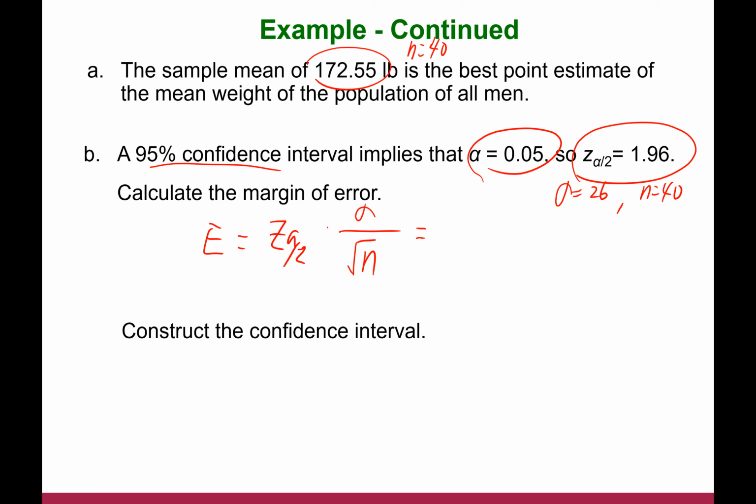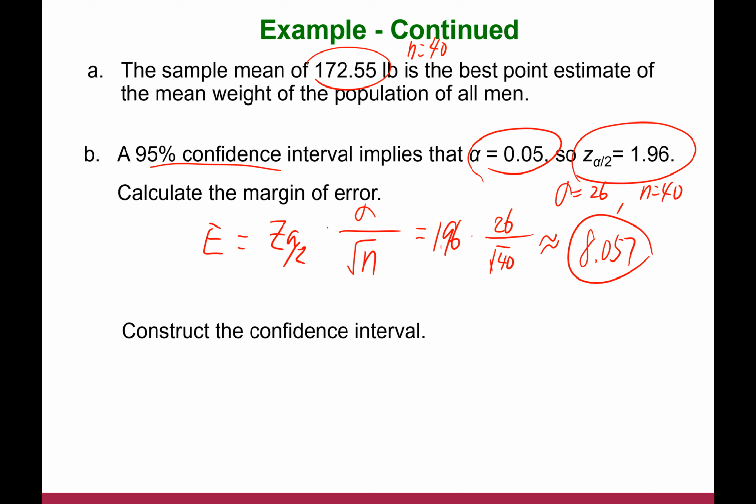Now let's throw in all the numbers: 1.96 times 26 over the square root of 40, rounded to 3 decimal places. That comes to approximately 8.057. So we get the margin of error.